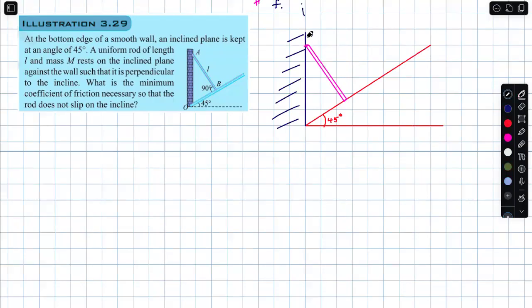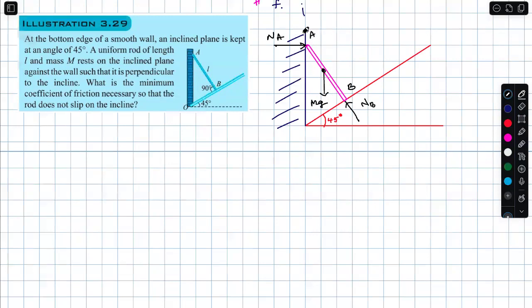So now you have the rod AB. Now let us try to understand what exactly is happening over here. You have one force mg, one force normal reaction, another normal reaction.